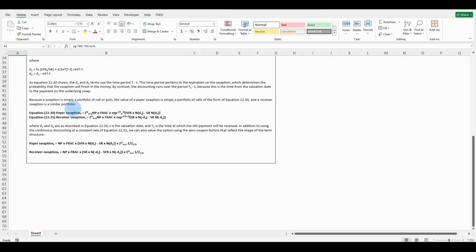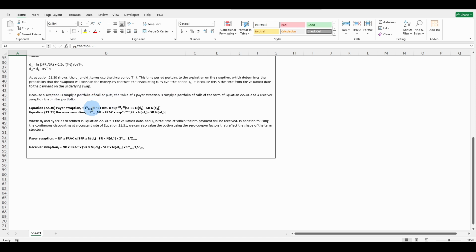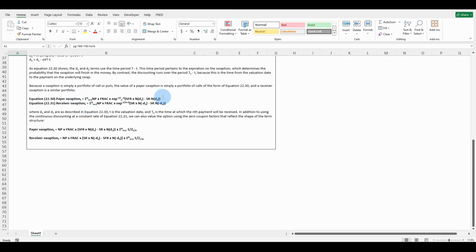Because the swaption is simply a portfolio of calls or puts, the value of a payer swaption is simply a portfolio of calls of the form of equation 22.3, and a receiver swaption is a similar portfolio right here. We've seen this in other applications. We're just moving things around a little bit.